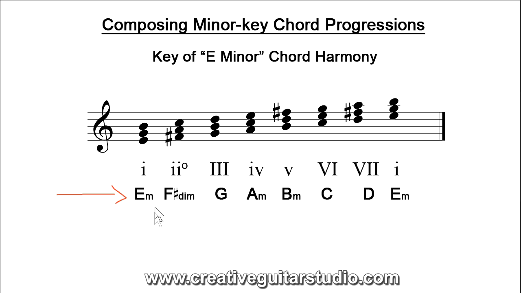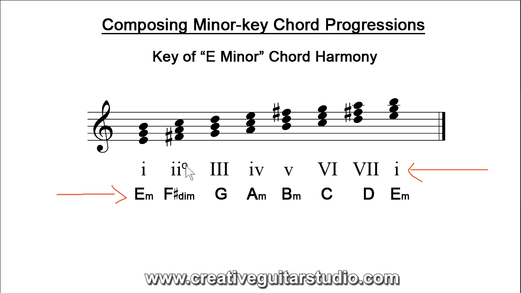Now, above that, we have this analysis breakdown, and this is what's referred to as harmonic analysis, and it's a Roman numeral breakdown of what's going on with the key's qualities of chords. So we have this smaller Roman numeral identifying a minor degree for the one chord.